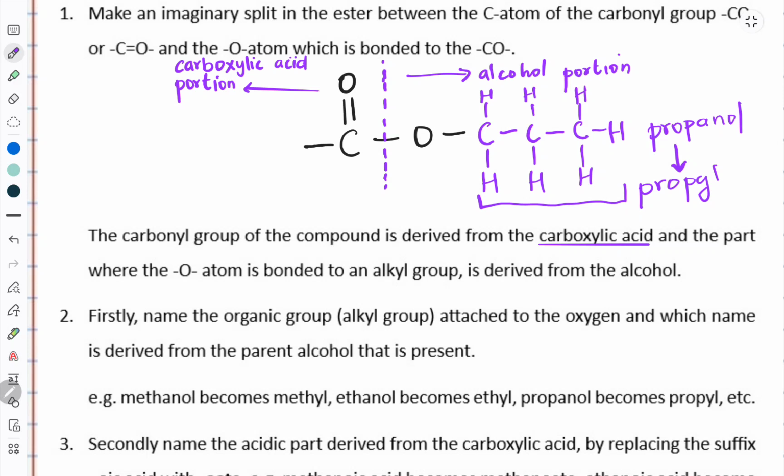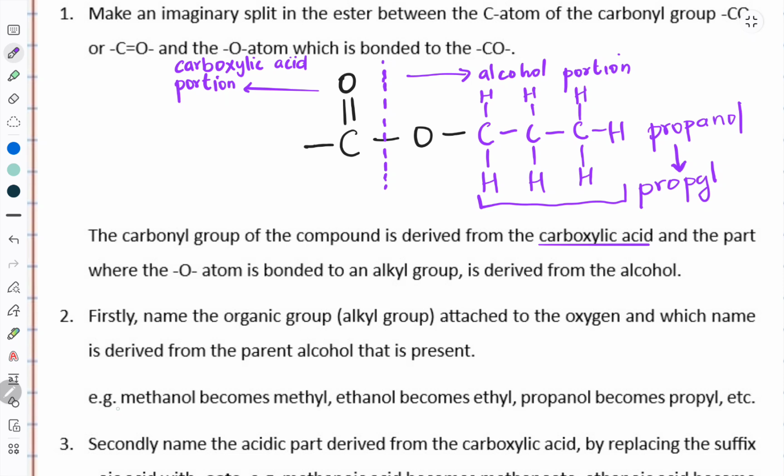So that's one thing you must remember. You name this part as if it's an alkyl group, count the number of carbon atoms, take a stem name from that, and the suffix will be that of an alkyl group. That's how it works with this part, part number one.